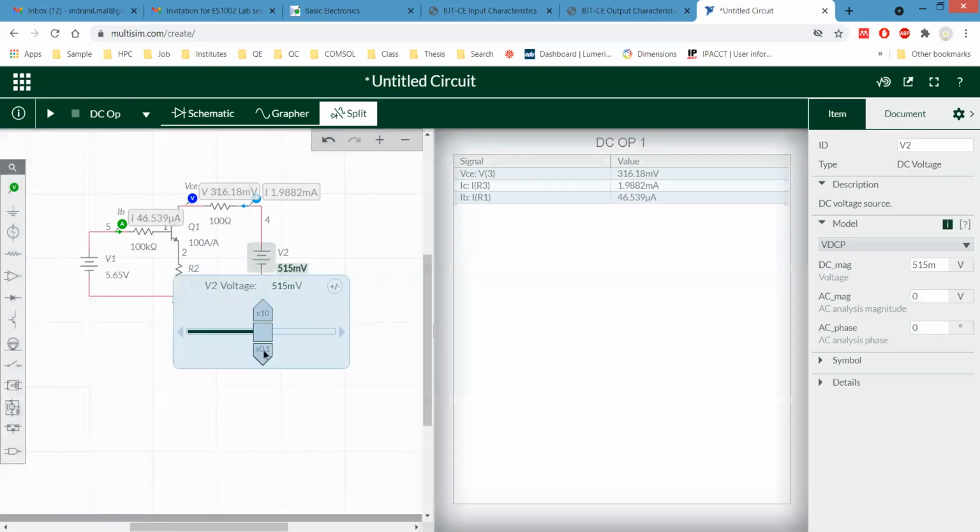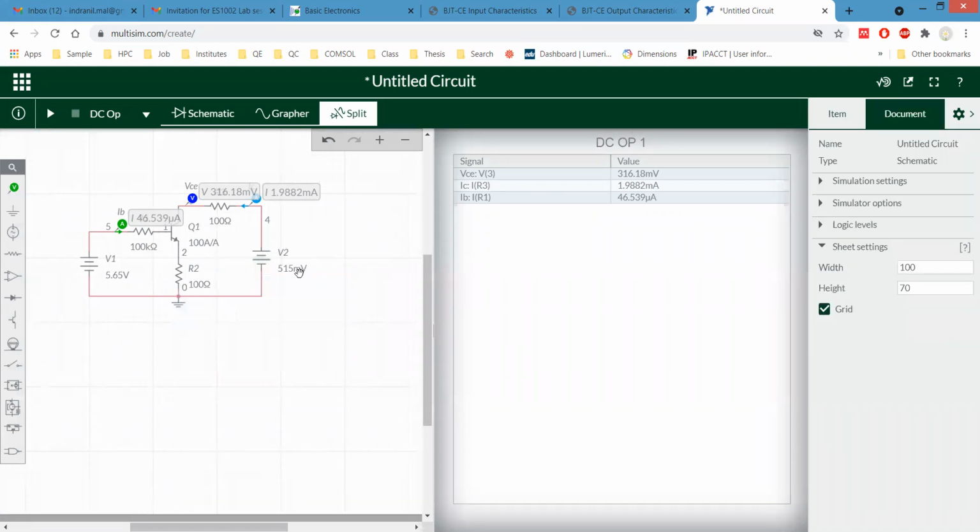Please repeat what you said. Actually for this data, the voltage is 0.316 volt. Okay. You just note it down, and once you tell me, I will tell you what next.